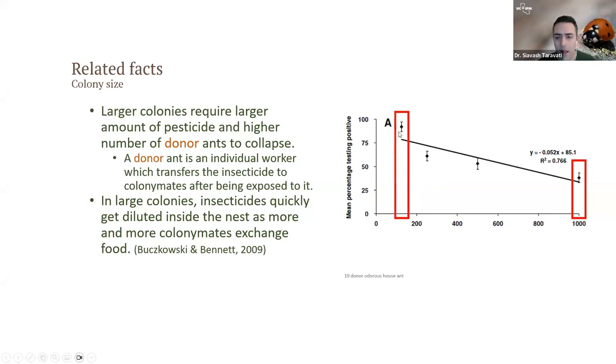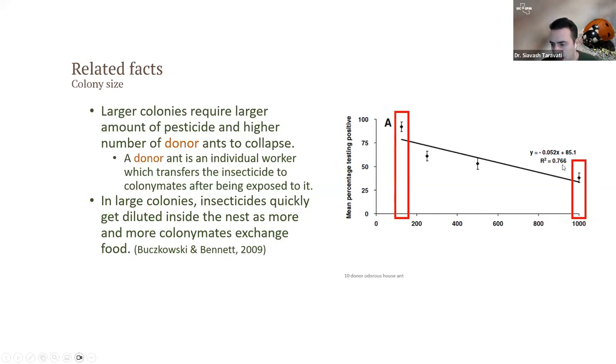As you can see, around 90% of the recipients, the other colony mates which did not directly get exposed to the pesticide, tested positive for the active ingredient, meaning the 10 donor ants passed it on. This is a bait study. They did food exchange with others, and then they passed the chemical. So most of them tested positive.